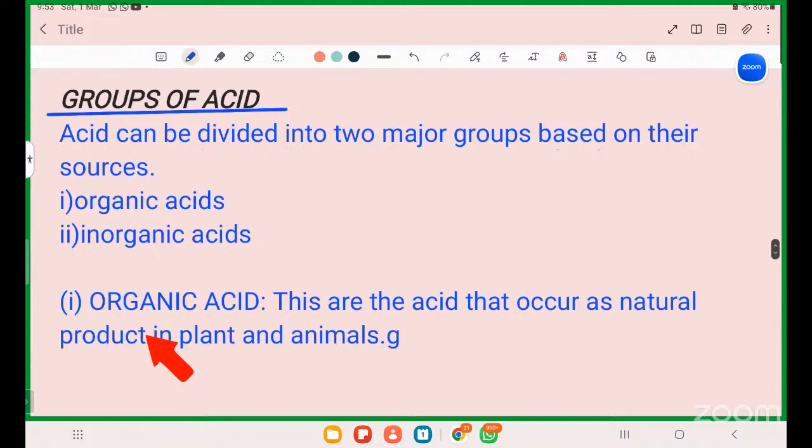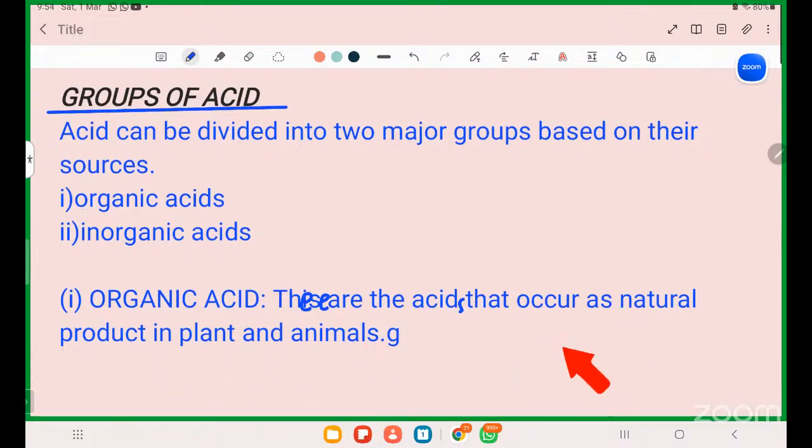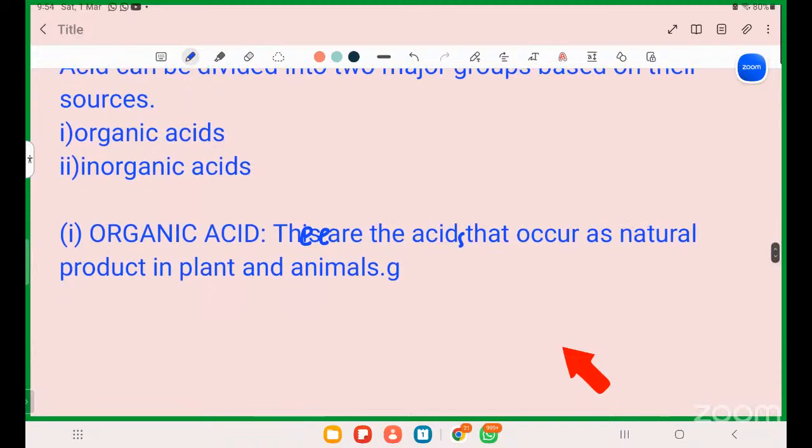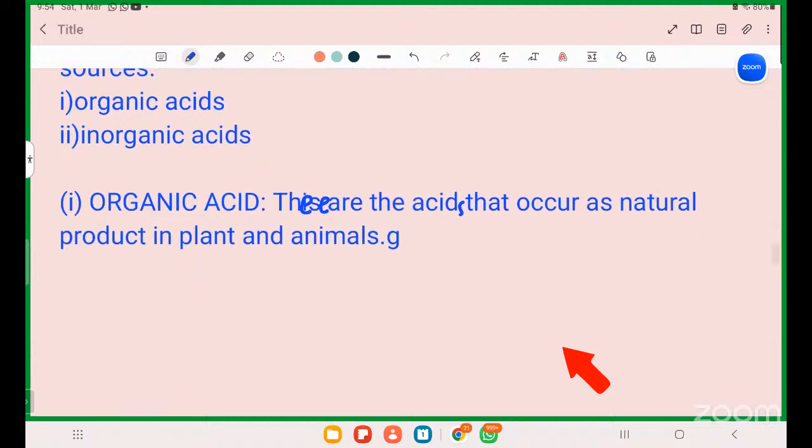So what are organic acids? These are the acids that occur in natural products in plants and also in animals. As a student, you should be able to give examples of organic acids.